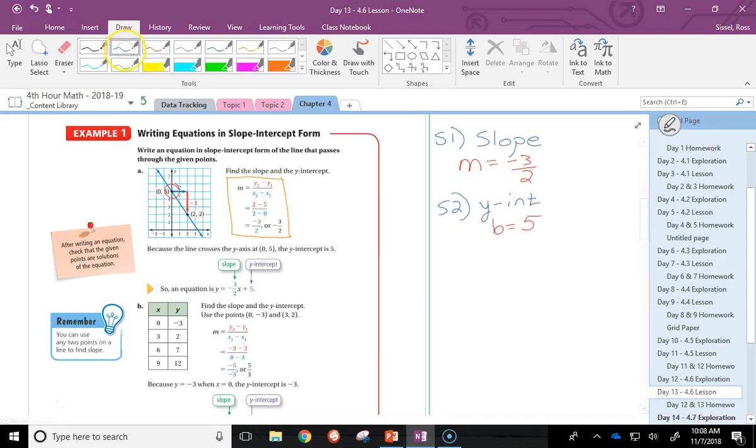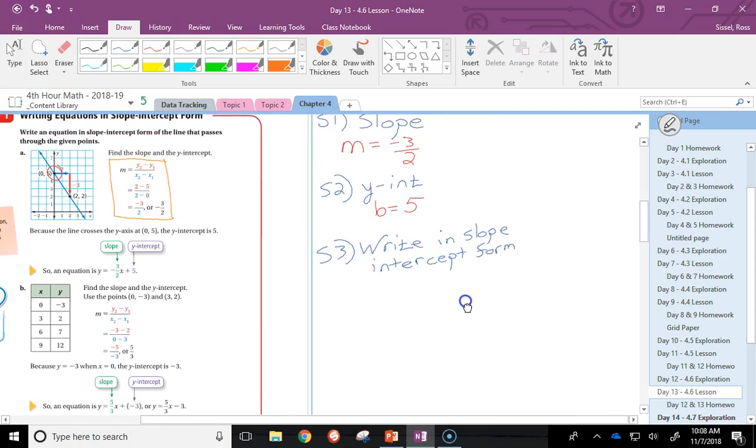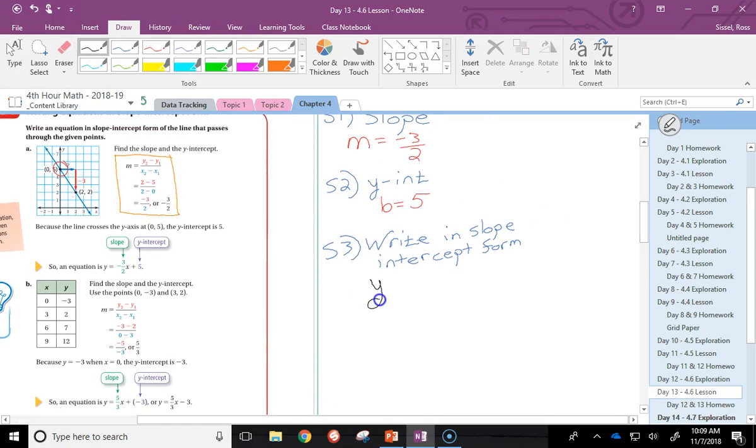And then my third and final step is to write in slope-intercept form. Our slope-intercept form is y equals mx plus b.